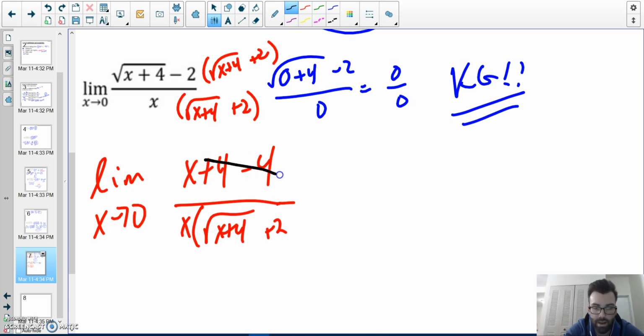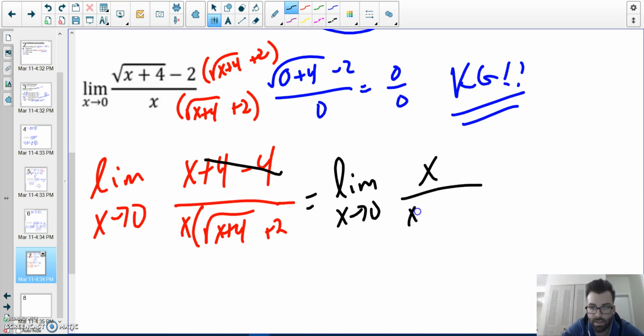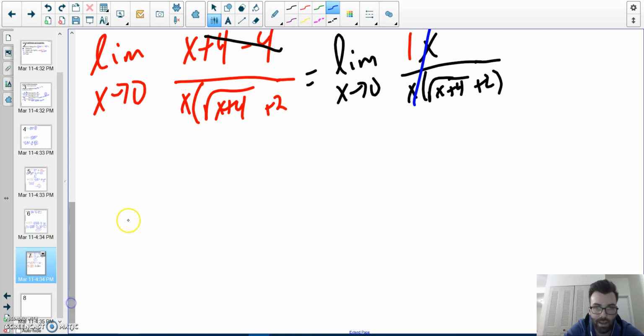Our 4 and negative 4 cancel. So I have the limit as x goes to 0 of x over x times root x plus 4 plus 2. Well, now this is a 1. Now my x's cancel. Holy buckets, a lot of canceling here.